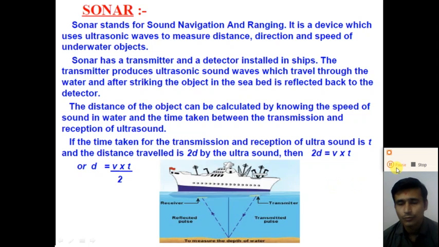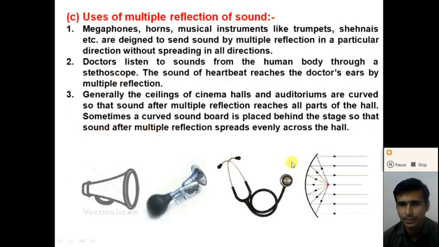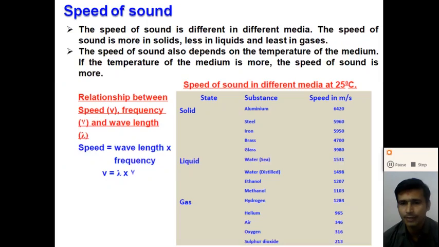What is the speed of sound in water? We discussed this in the previous video, in the topic on the speed of sound. The speed of the sound wave in sea water is 1531 meters per second, right? The speed of the sound wave in distilled water is 1498.